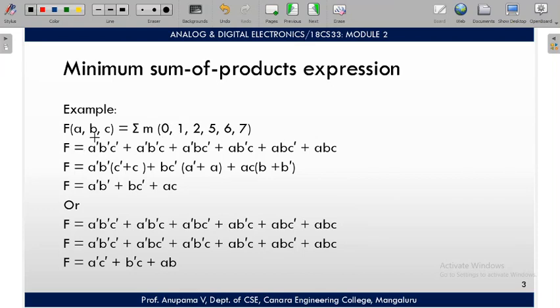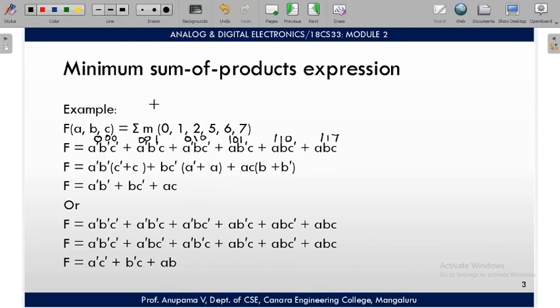So 000, 001, 010, 101, 110, 111, which are the binary equivalent of 0, 1, 2, 5, 6 and 7 respectively.